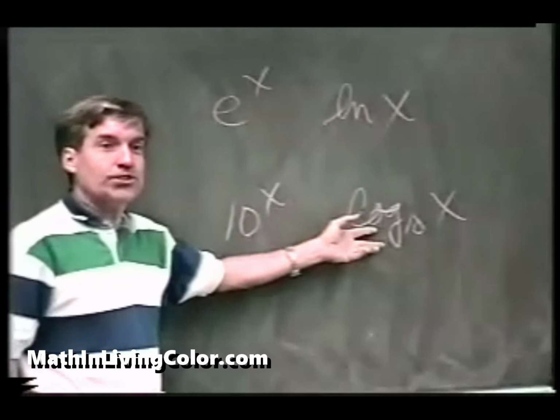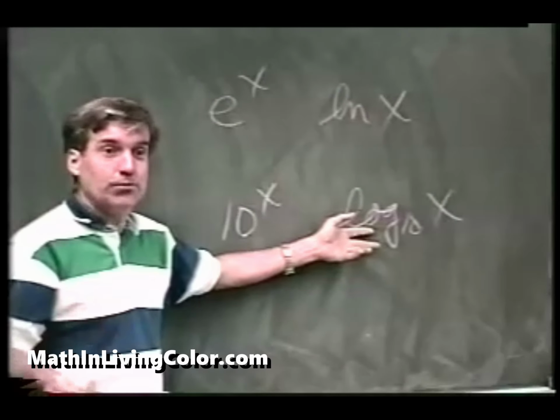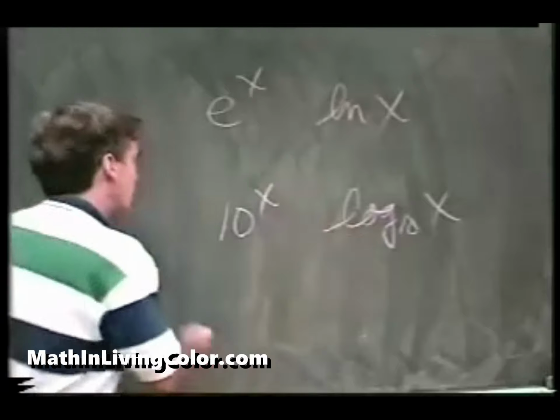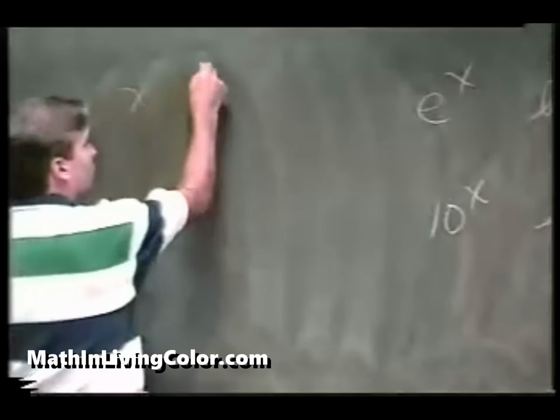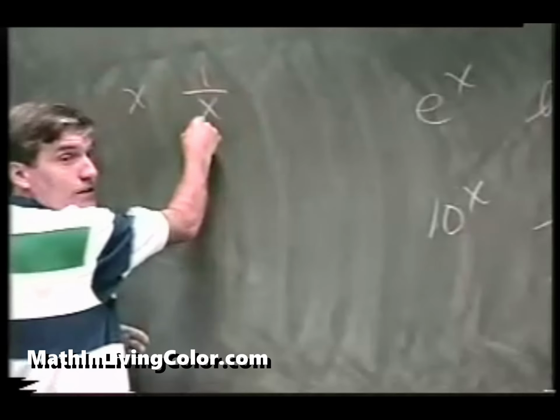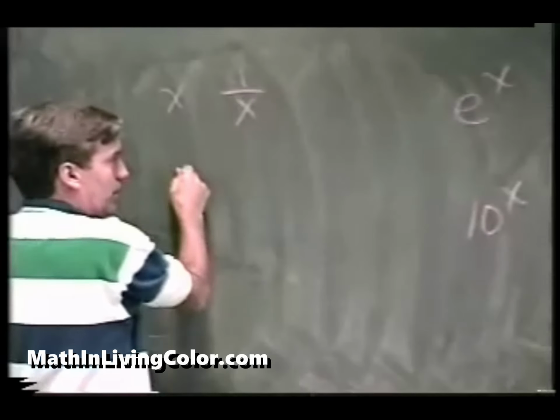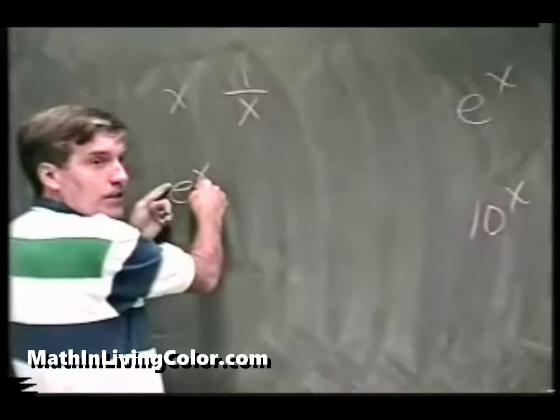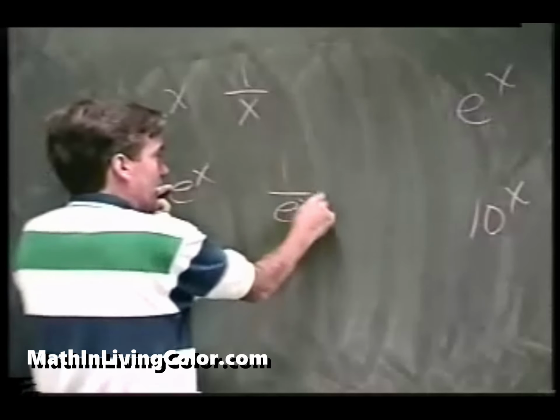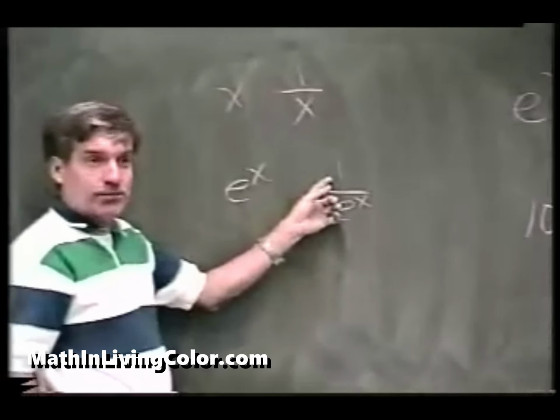They are not reciprocal. The reciprocal of x would be 1 over x, and the reciprocal of e to the x would be 1 over e to the x.